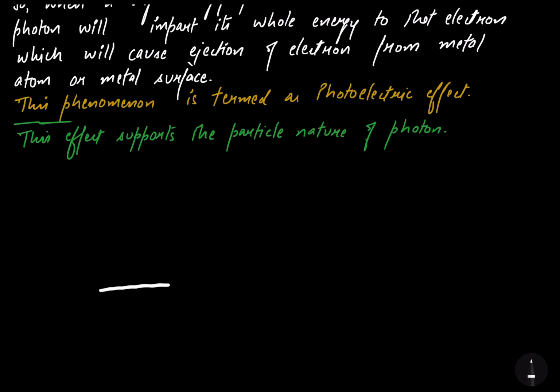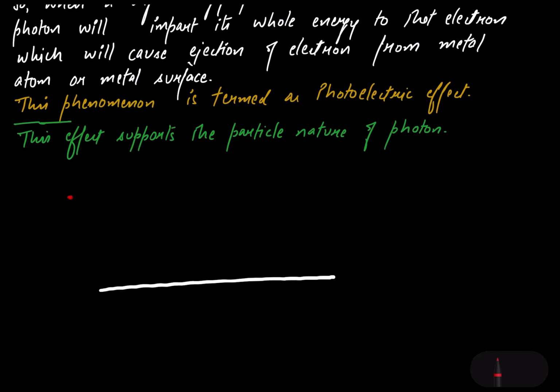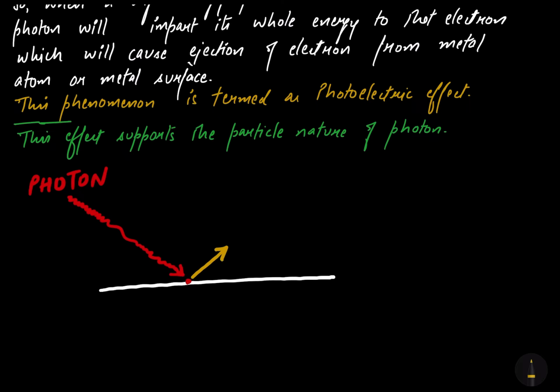Assume this is the metal surface. What will happen when a high energy photon comes and strikes the metal surface? That's a high energy photon. When this photon strikes the metal surface, it will impart its whole energy to the electrons of metal, due to which the electron will be ejected from the surface of metal.